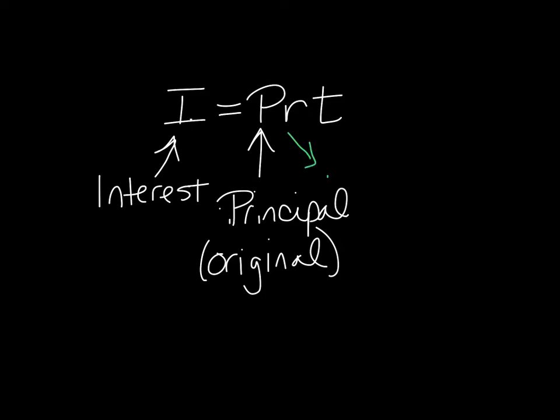R is the rate. So they'll use a big long word called annual interest rate a lot of times, or you just see rate. And it's going to be told to you in a percent, but you need to change that to a decimal when you use it in your equation, because to be honest, you just don't use percents in equations and in math. You change it to a decimal first.